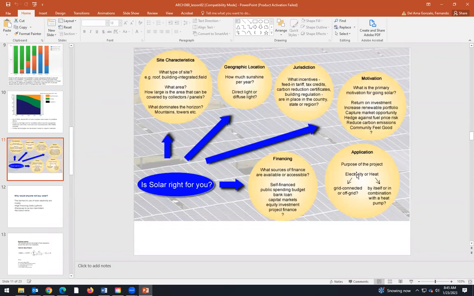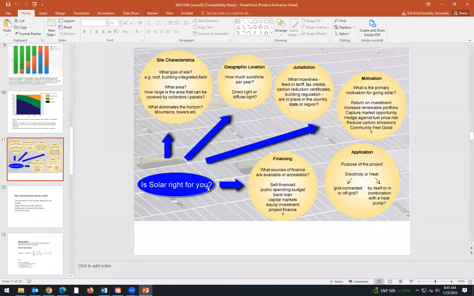What do we want? Do we want electricity for appliances, or do we want heating and cooling? Do we connect our system to the grid, or we don't want to connect our system and we want a standalone system?